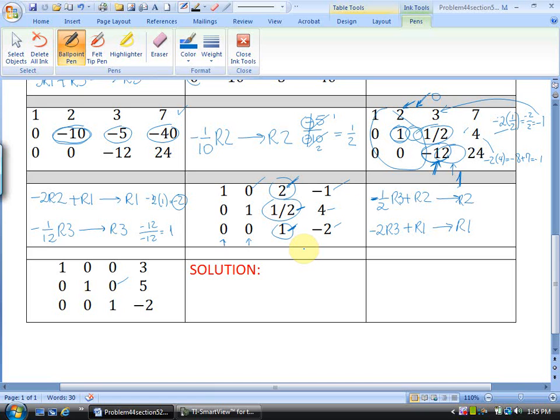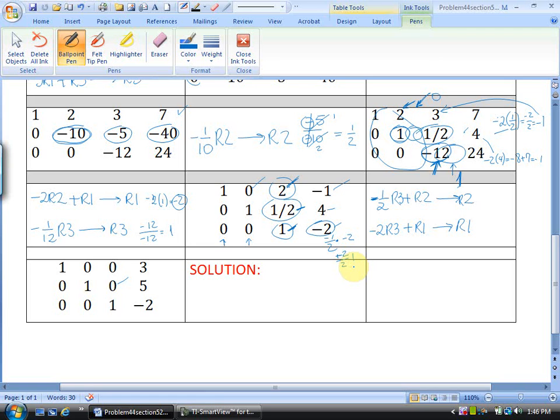Then I add it, oh, hold on a sec, it's minus 2 here, I'm sorry. It's minus half times minus 2. This will give me plus 2 over 2, so it gives me a 1.